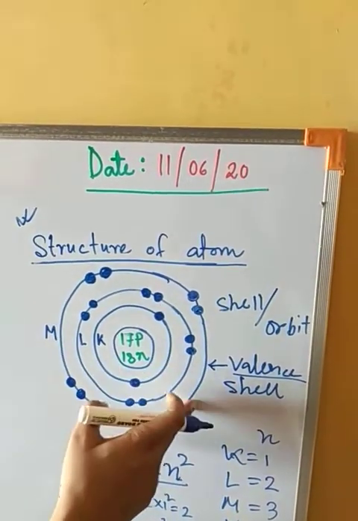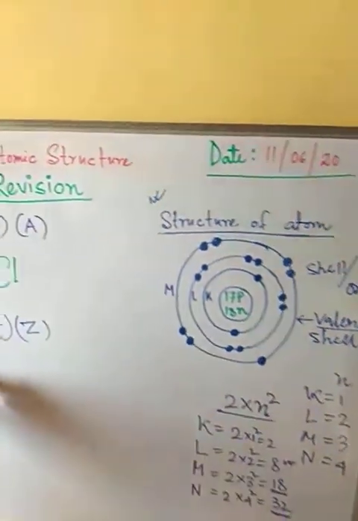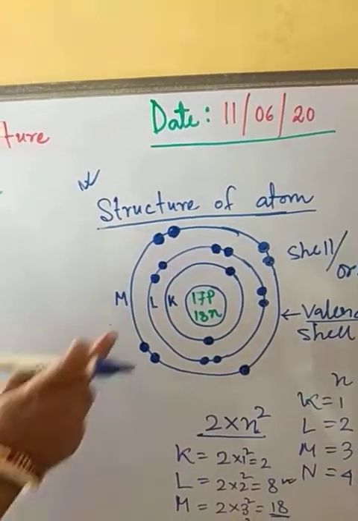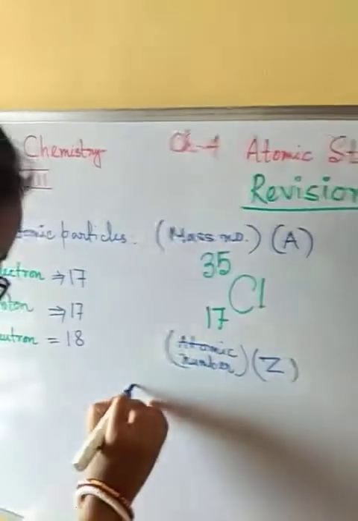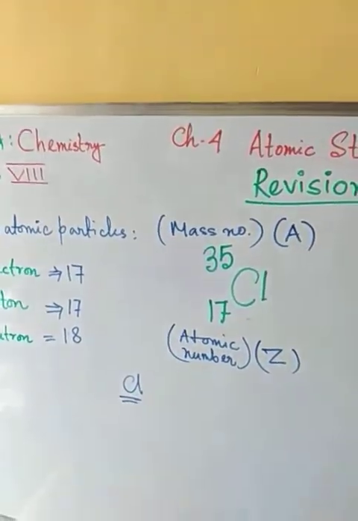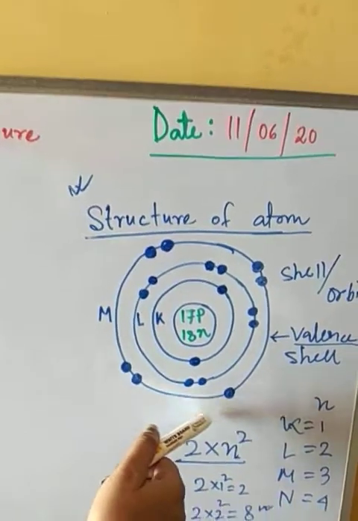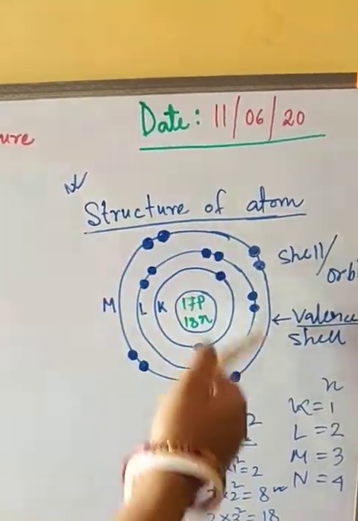So to get a stable structure, there must be 8 electrons in the last shell of chlorine, that is M. The structure we are getting now is not stable, as 1 electron is unpaired.